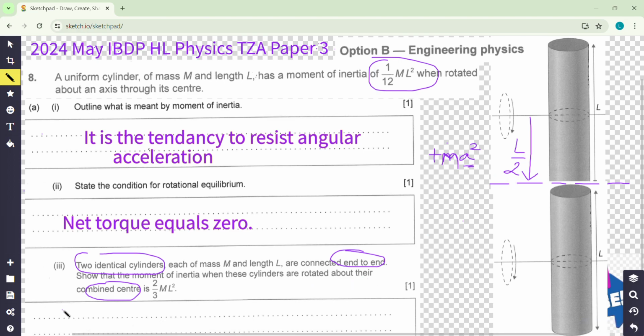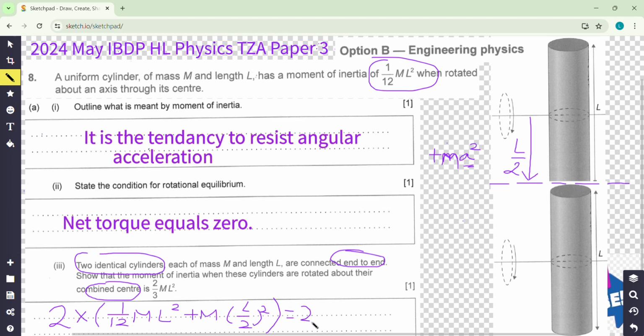So the calculation is: 2 cylinders, original 1/12, but now you shift by L over 2, so M times L over 2 all squared. Then you can use the calculator to get the ML squared. So 1/12 plus 1/2 all squared, you get it. Yes, it is 1 over 3.